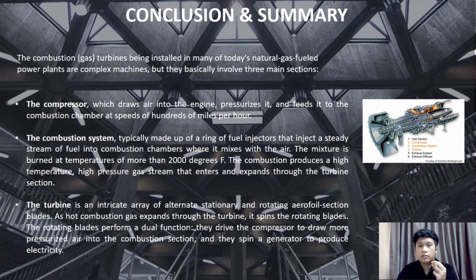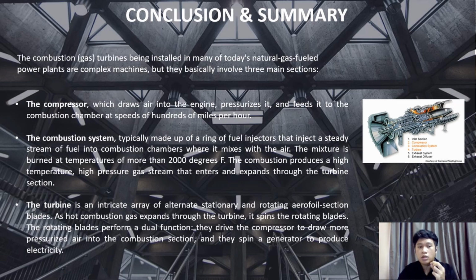And as for the conclusion and summary, the combustion gas turbines being installed in many of today's natural gas fueled power plants are complex machines, but they basically involve three main sections. The first is the compressor, which draws air into the engine, pressurizes it, and feeds it into the combustion chamber at speeds of hundreds of miles per hour.